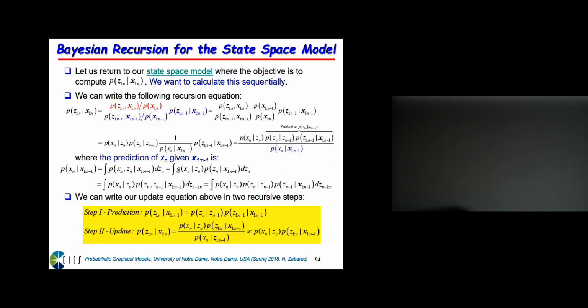And the idea here of the prediction step is that I already have this distribution of the joint of z's from 1 to n minus 1 given x 1 to n minus 1. So this prediction one step ahead only involves this dynamics, the probability of Zn given Zn minus 1.